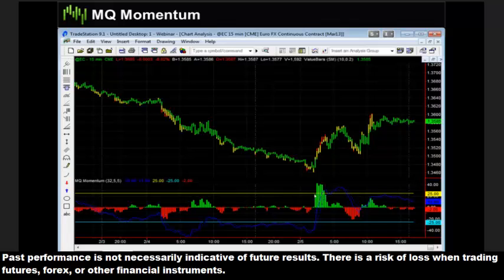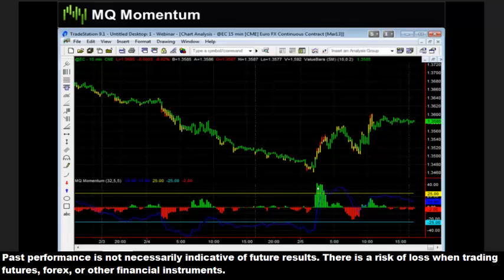Now the idea is that typically when we see the histogram approach the upper boundary of 25 or negative 25, then momentum has really reached an extreme point, and it can be overdone a little bit, just like value can. That's what these two lines are for: a plus 25 line and a minus 25 line.